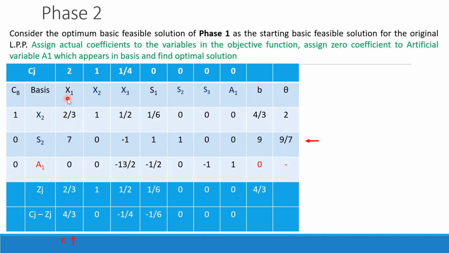Now x1 is your incoming variable, s2 is your outgoing variable, so x1 appears here, its respective coefficient will appear here, this 7 will become 1, the remaining two values will be made 0, and the remaining row values will also be changed by the row transformation.